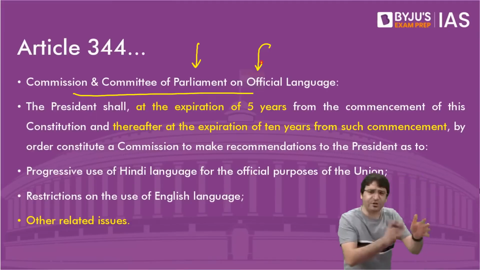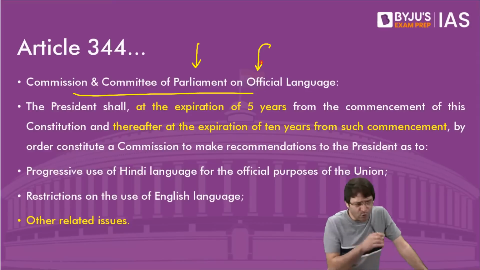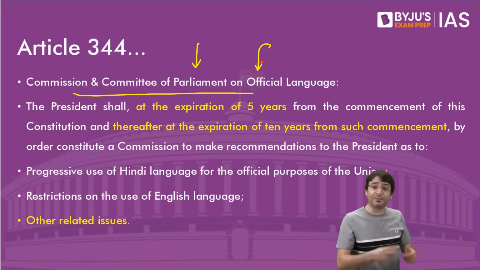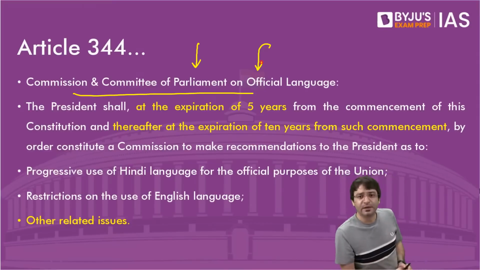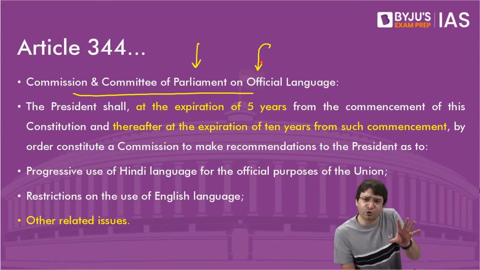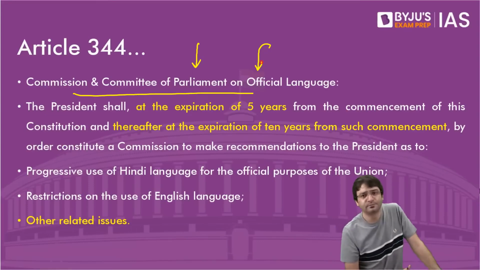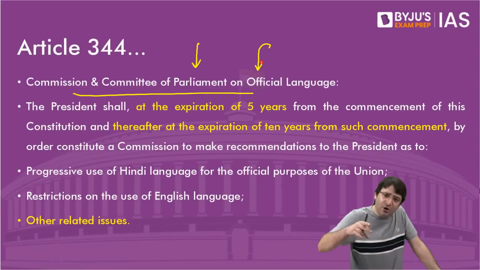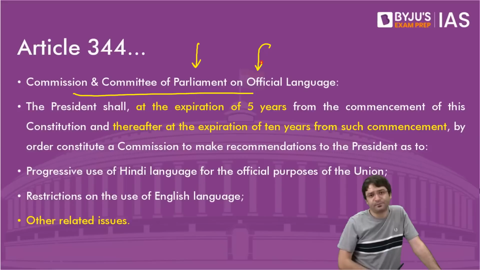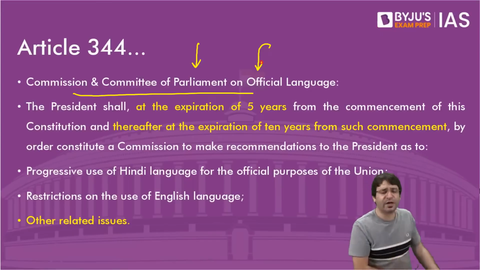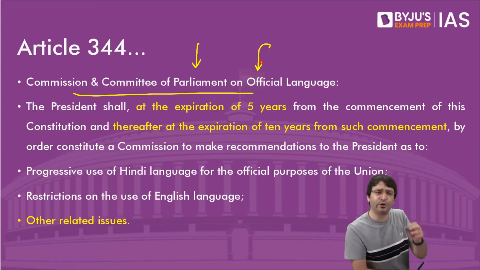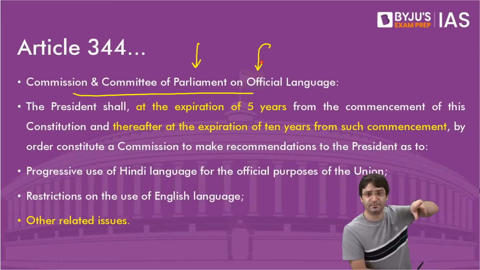That means one commission will be set up. What will be the job of this commission? It will advise the government that these are the areas where we should stop English, and these are the areas where we can only pursue Hindi. For example, this commission would say that Hindi should be used by the union when it is communicating with the northern states.